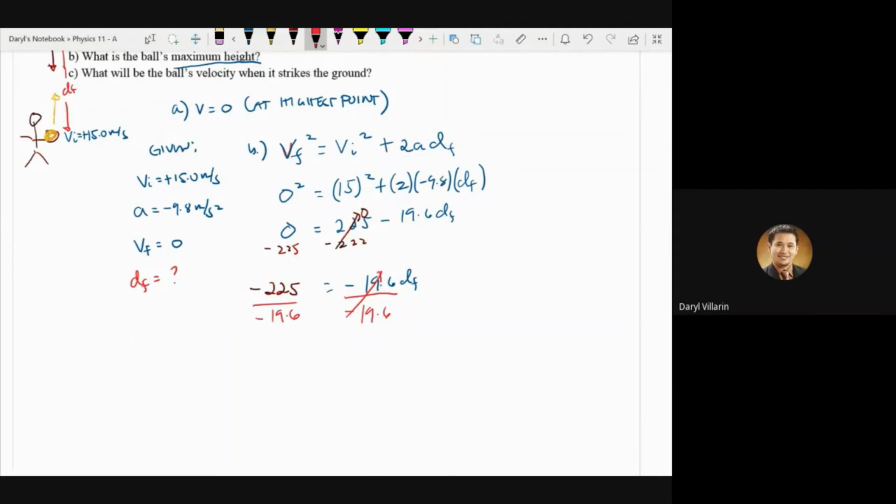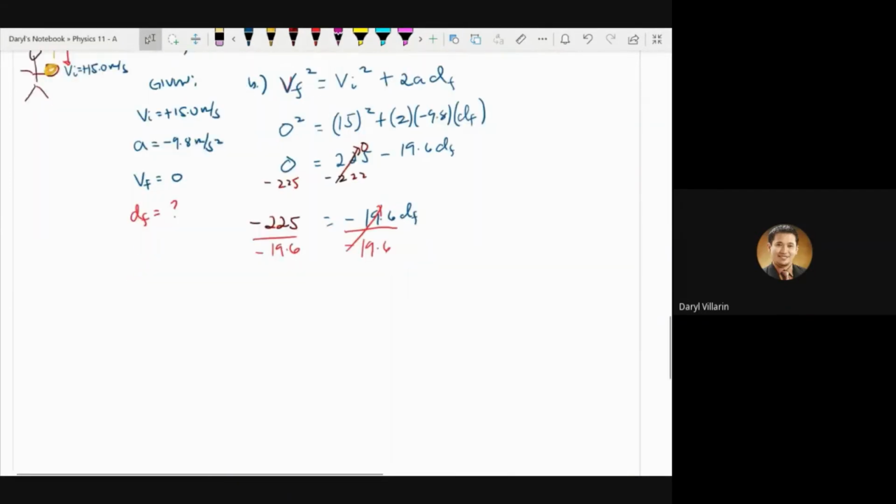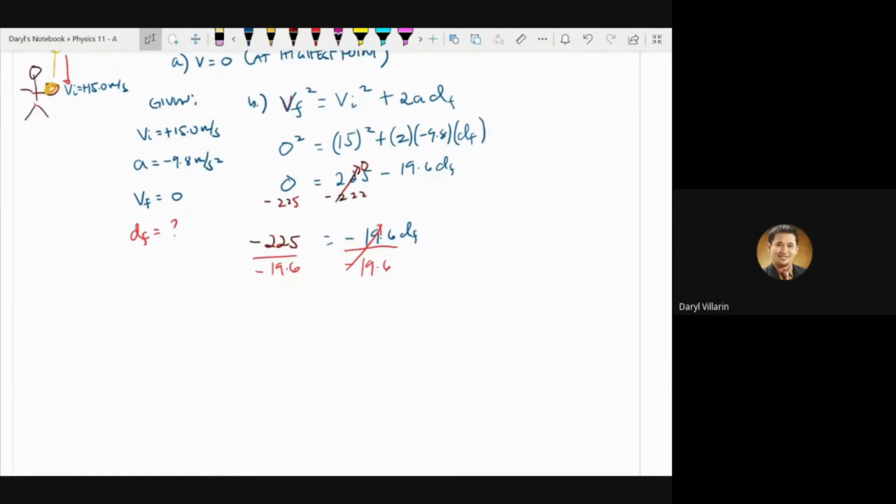I'm expecting that it is above my initial position, so that should be a positive position, or df, since you have negative over negative, that's positive. So that would be 11.47 meters df, or in 3 sig figs, 11.5 meters. So this would be the maximum height reached.